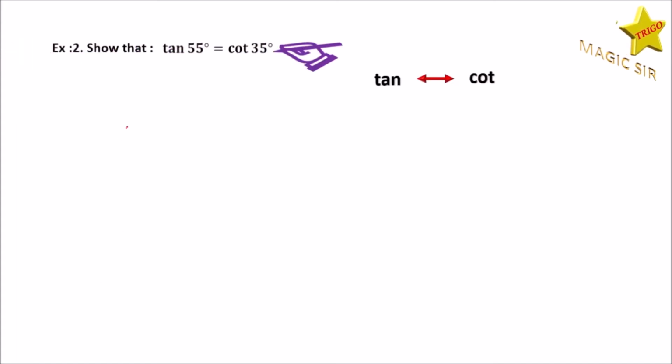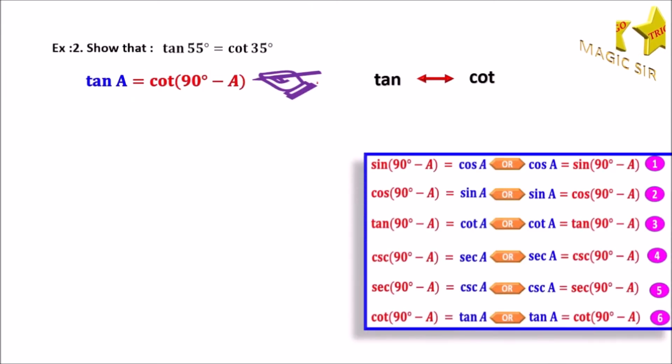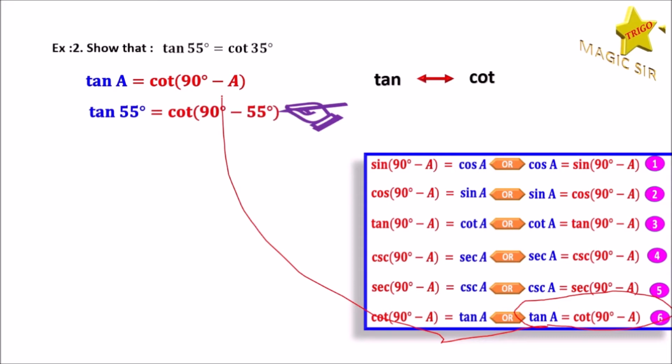Example 2. So that tan 55 degrees is equal to cot 35 degrees. See the formula number 6: tan A is equal to cot of 90 degrees minus A. So we take A is equal to 55 degrees.